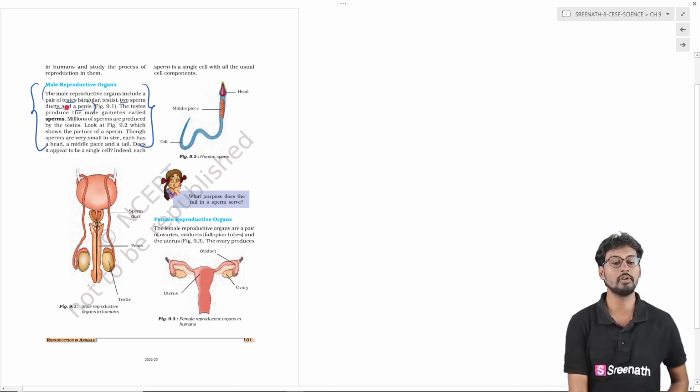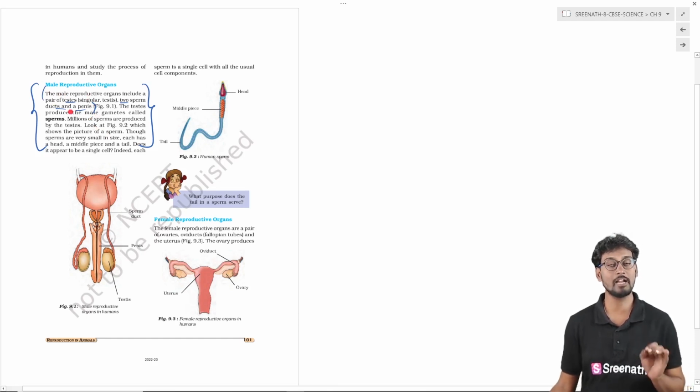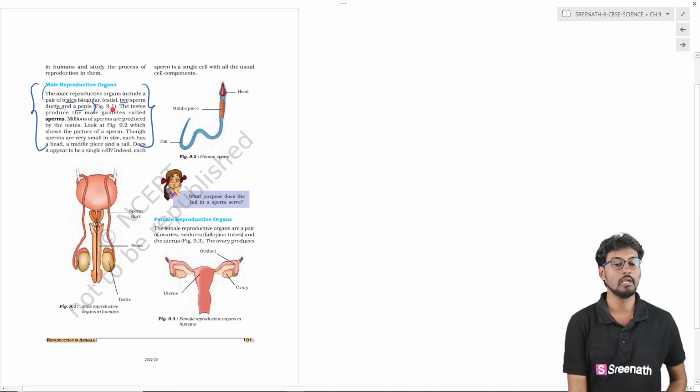These are the different parts involved as male reproductive organs. Testes generate the male gametes called sperms. As shown in the picture, the sperm is a male gamete, and it is a single cell consisting of different segments. It is a very small cell with a head, followed by a middle piece and the tail.